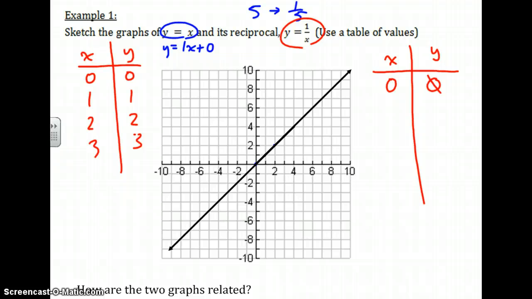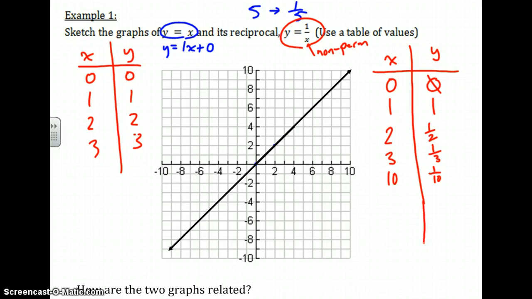That's a non-permissible value. 0 can't be the value for x. Other values: 1 over 1 is 1. 2, well, it'll be 1 over 2, so a half. 3 is 1 over 3. If we went to 10, it's going to be 1/10.